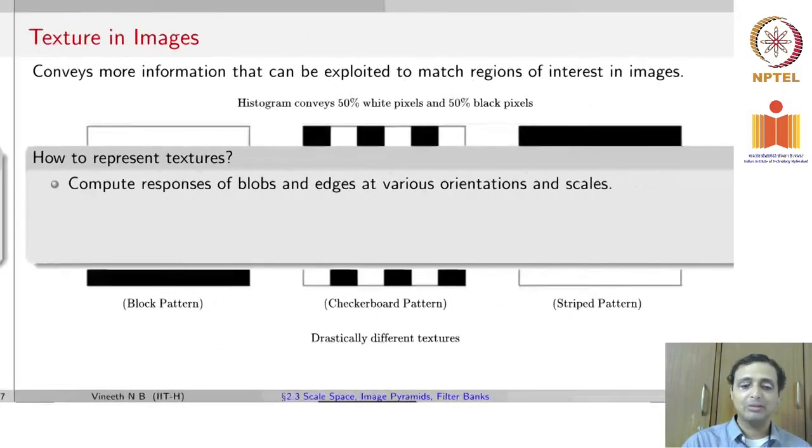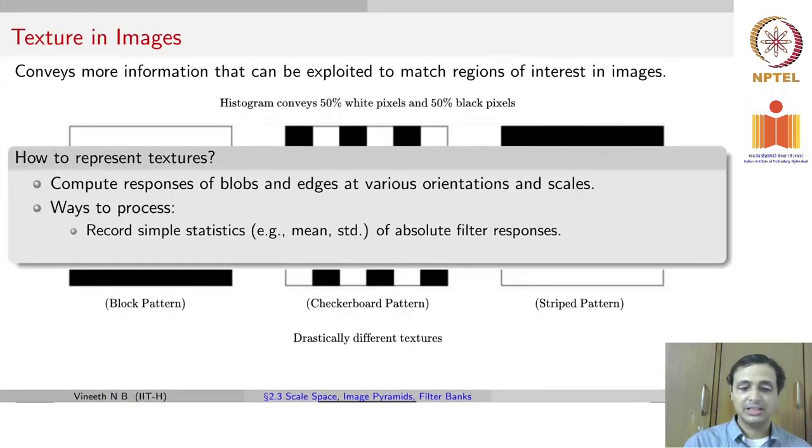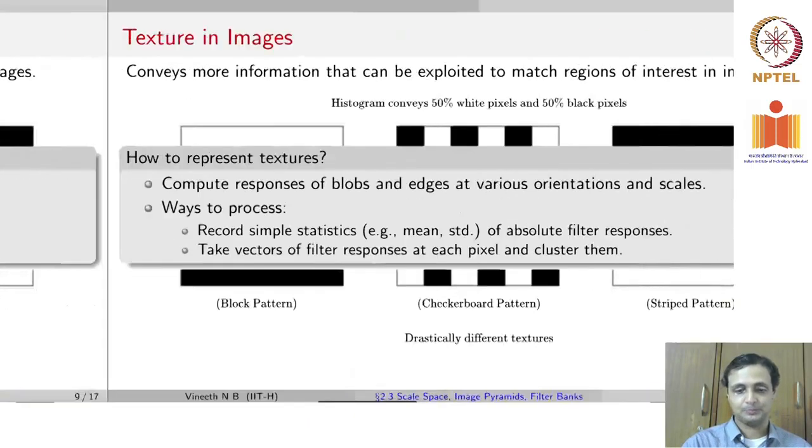And how do we put them together? We compute responses of blobs and edges at different orientations and scales. And that is one way of getting textures. So the way we process an image is we record simple statistics such as mean and standard deviation of absolute filter responses of an image.